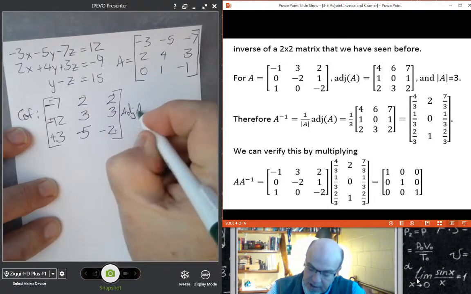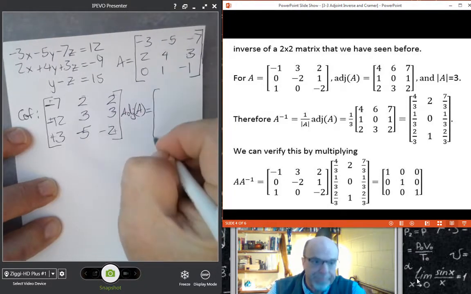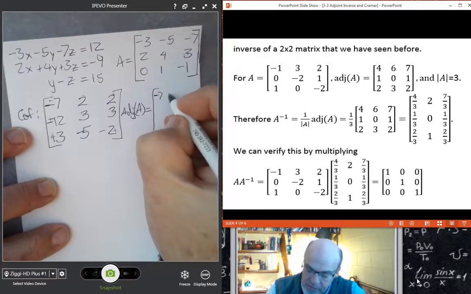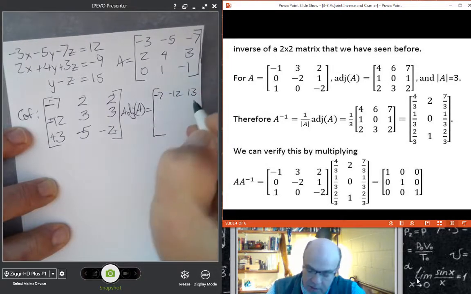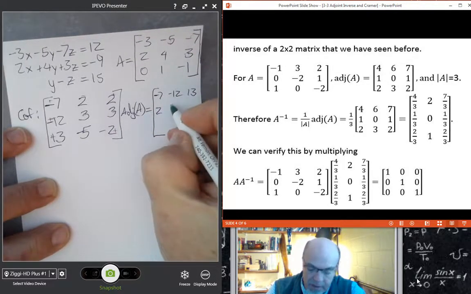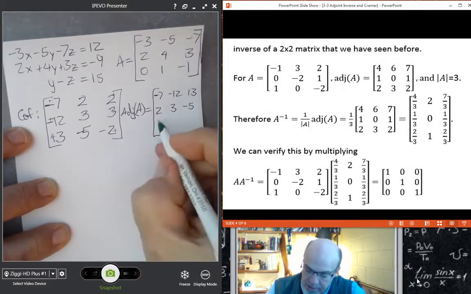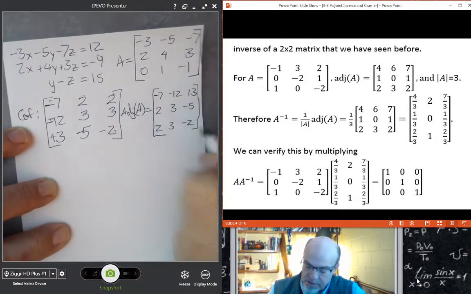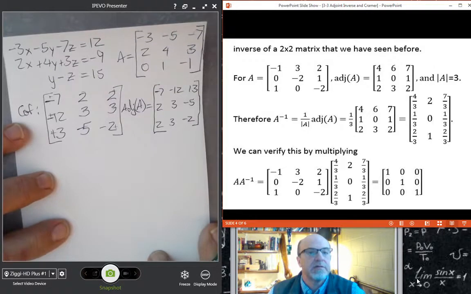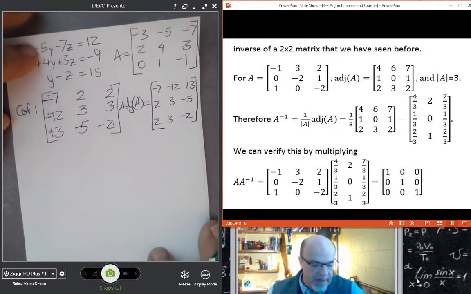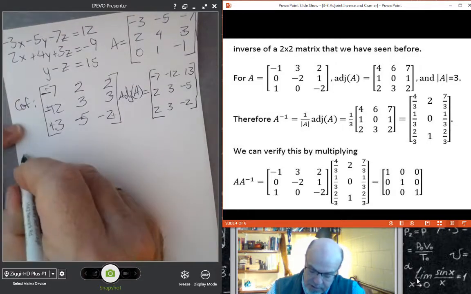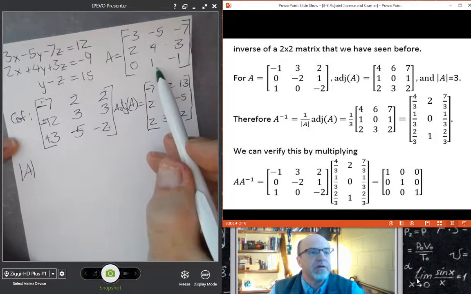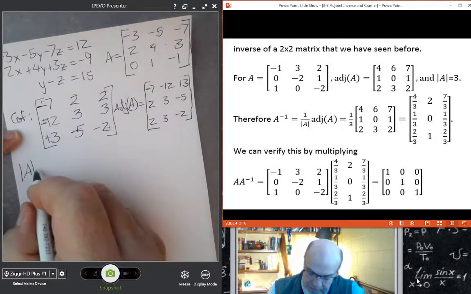The adjoint of A is going to be, if we fit that in here, we've got negative 7, negative 12, 13, 2, 3, negative 5, and 2, 3, negative 2. That, my friends, is the adjoint of A. Okay, so if you plug this matrix right here into your calculator and you calculate the determinant, feel free to go ahead and do that.